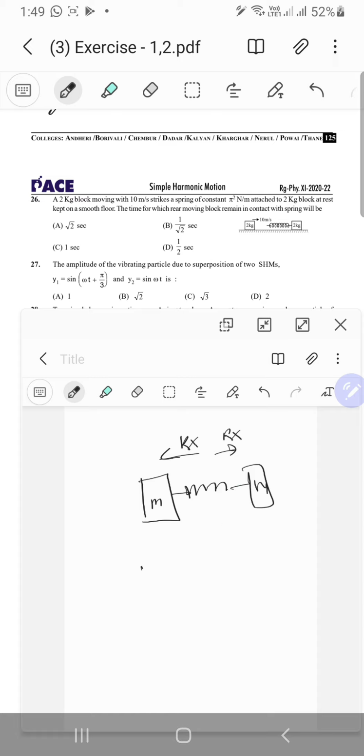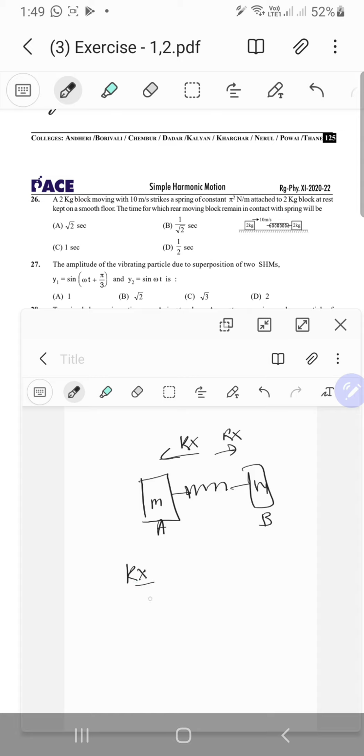The force on this one will, yes, its acceleration is just kx upon m. This one's acceleration is also kx upon m, but in the negative direction. But this x changes, right? So it's gonna be kx. Say this body is a, this body is b.